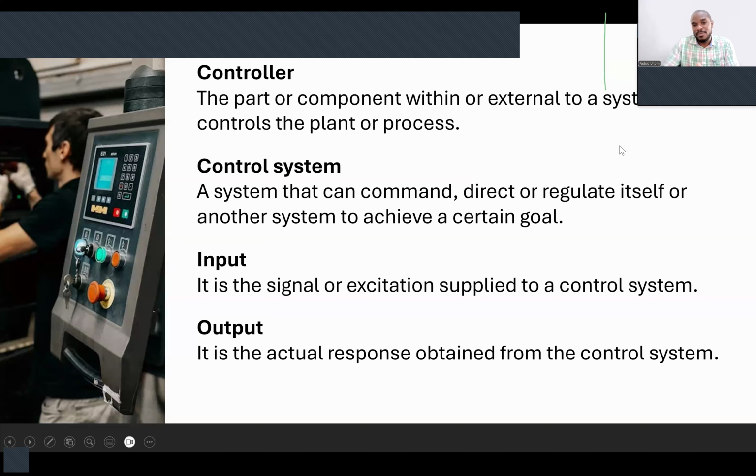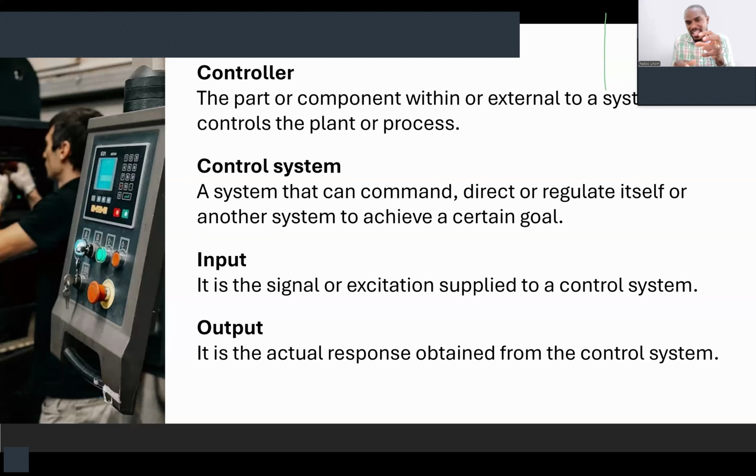Your controller. So we've talked about control. Control is just the action, right? The action that manipulates your system. Now, the part or the component of your system, it could be inside your system or it could be external to your system.